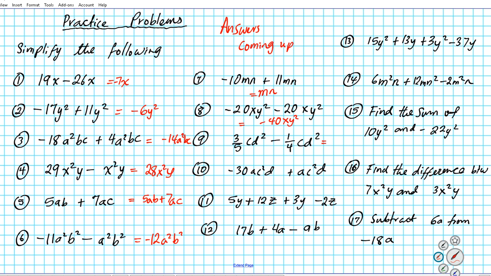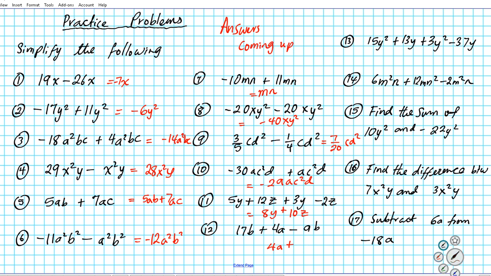For number 10, the answer is 7 over 20 cd squared.